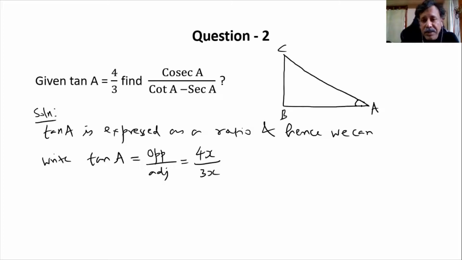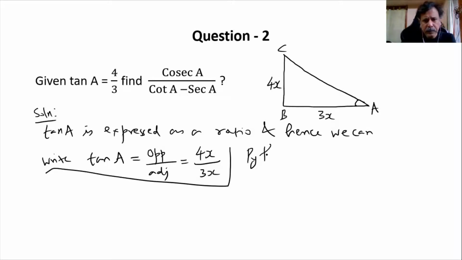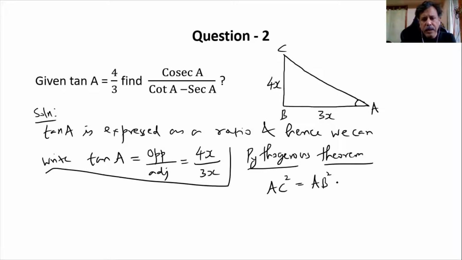So what is the opposite side of A? It is BC. So BC I will call it as 4x. What is adjacent? It is AB, which I will call it as 3x. That means we can now use again Pythagoras theorem. Applying that, we can say AC the square should be AB the square plus BC the square.